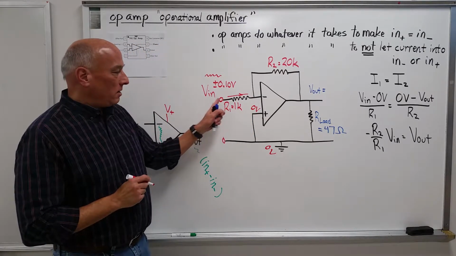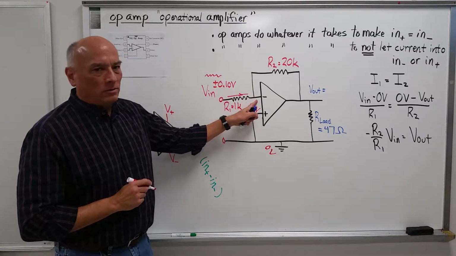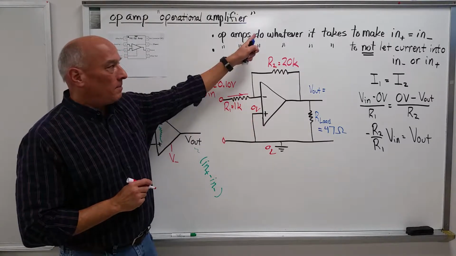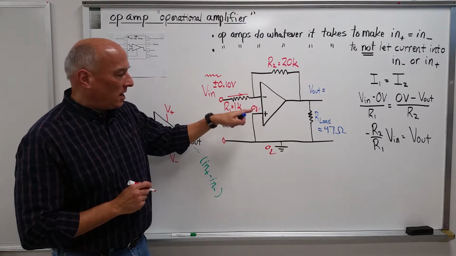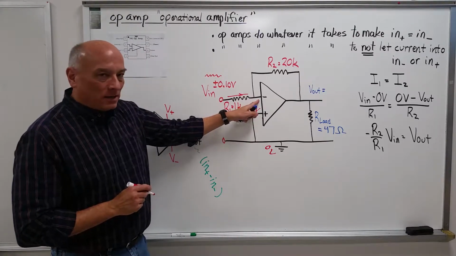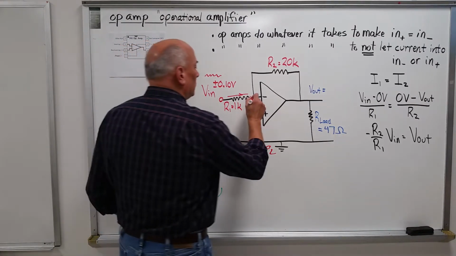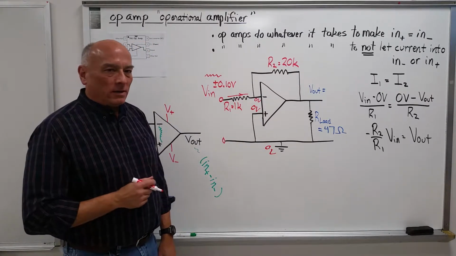So it goes from here at, say, a positive 100 millivolts down to, now again, the op-amp does whatever it takes to make sure that that voltage is the same as that voltage. So that means that this right here is also 0 volts. And you say, great, then what?